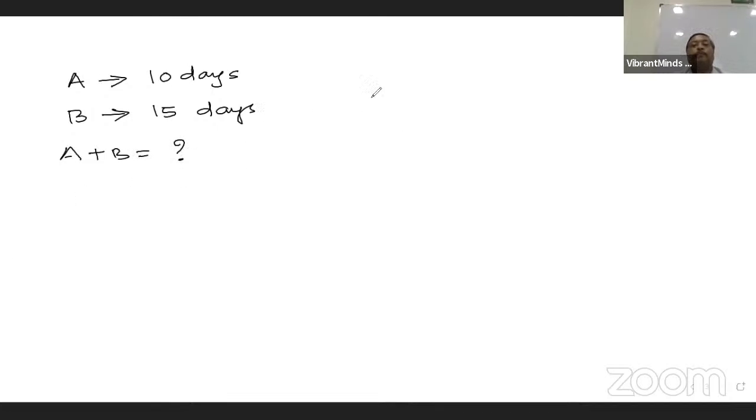Now understand. 10 days means efficiency is 1 by 10, and that means in percentage it is 10%. Isn't it? And 1 by 15 means 6.66%.